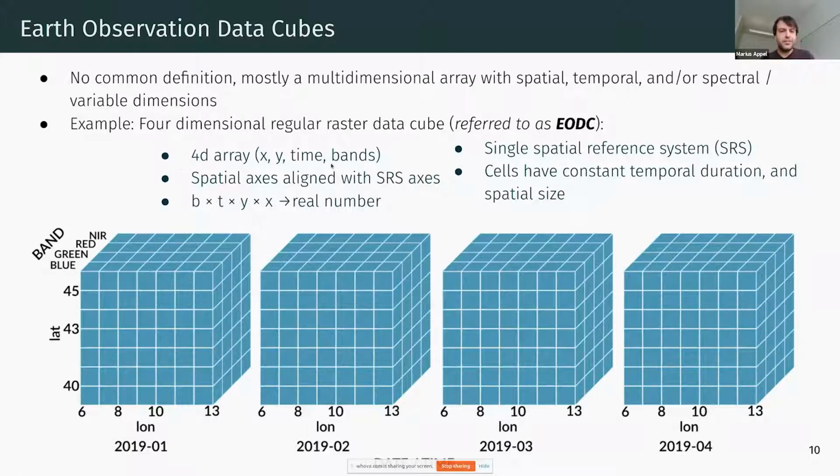More formally, it's a 4-dimensional array where the spatial axes are aligned with the axes of the spatial reference system. So the whole data cube only has one single spatial reference system. That makes it very easy for analysis, so that you can easily calculate distances between any 2 pixels or cells in the data cube. These pixels or cells have a constant temporal duration and a spatial size. And in the end, every combination of band, time, Y, and X simply yields a real number.